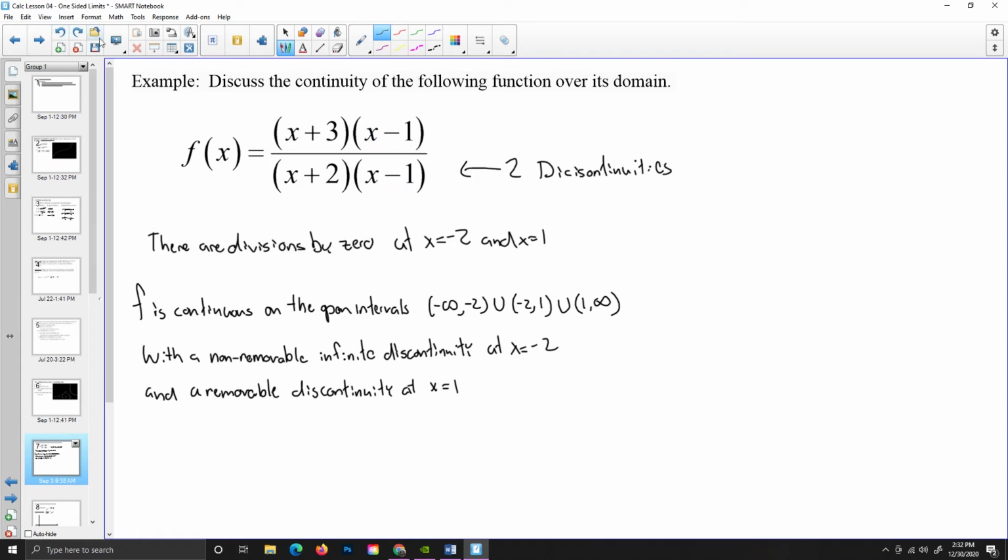When x equals positive 1, you get a 0 in the denominator, so the function is technically undefined. But again, because I can cancel these out for all the other values, I get a removable discontinuity. Since this factor x plus 2 does not cancel with a factor in the numerator, I get a non-removable discontinuity.